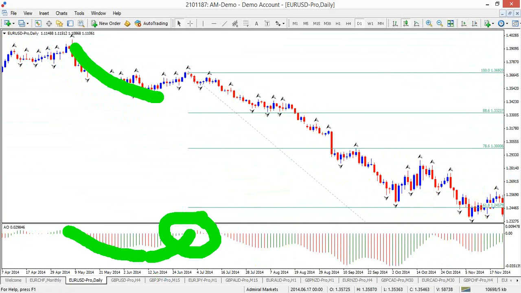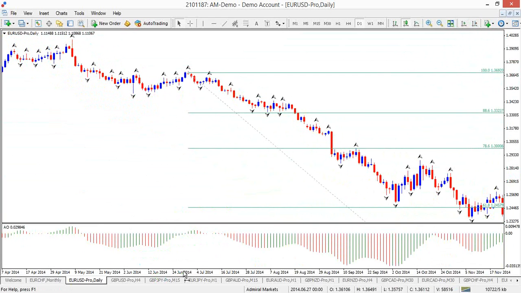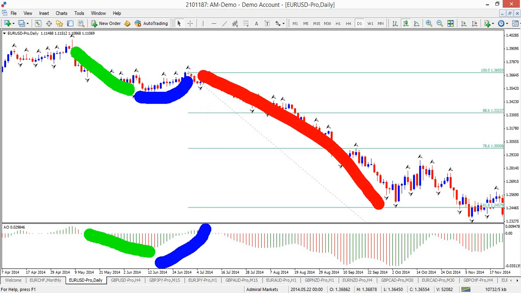Typically, what I like to do is use the awesome oscillator to have an idea about when the price retraces back, when the bars retrace back, I should say, to the zero line, that's kind of a swing high, swing low that's completed. So this is one move, and this is one move, and then this is one move.